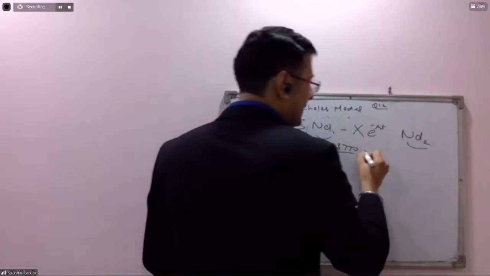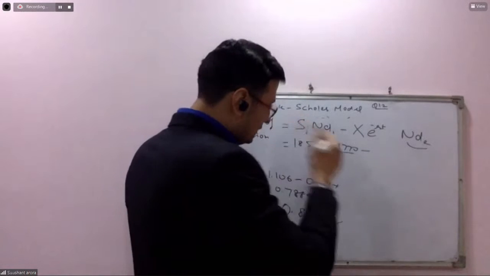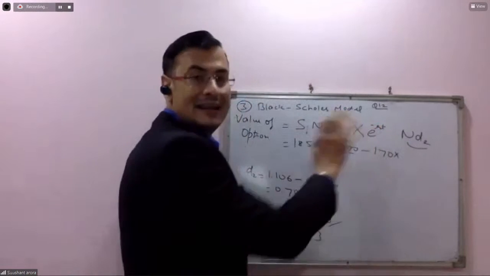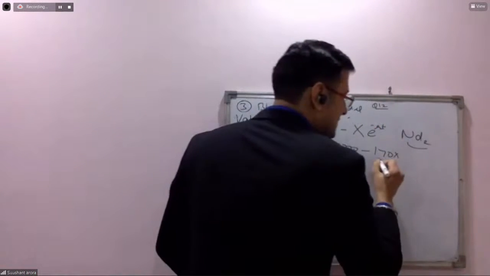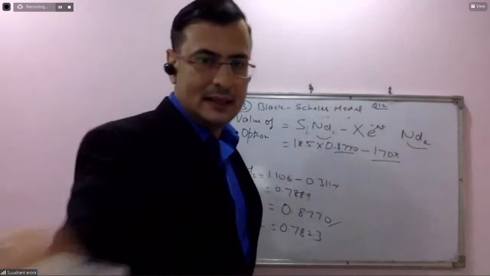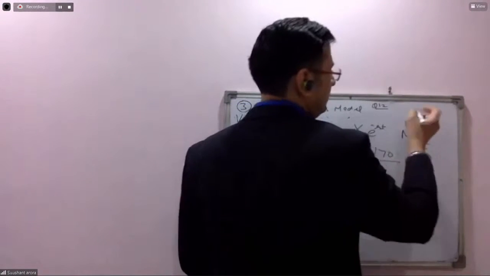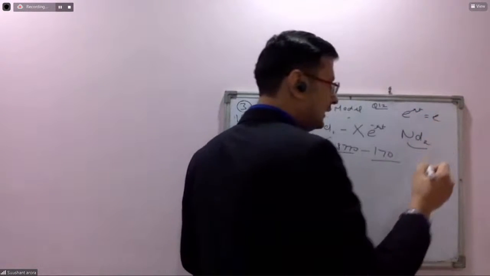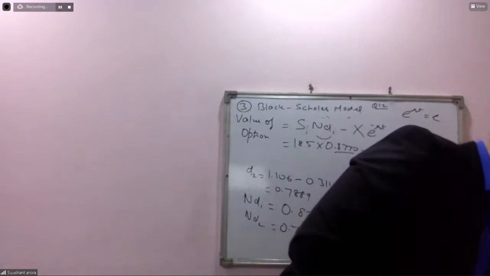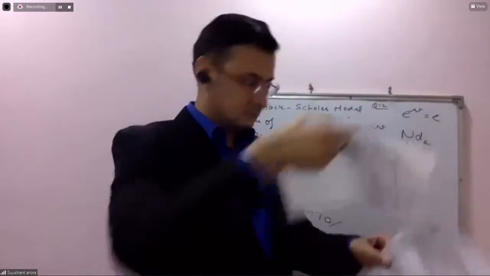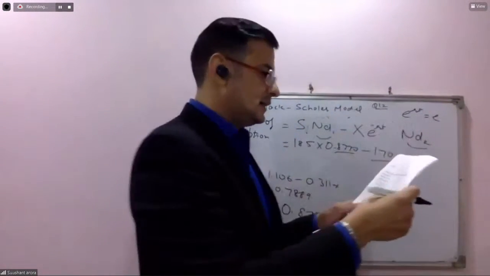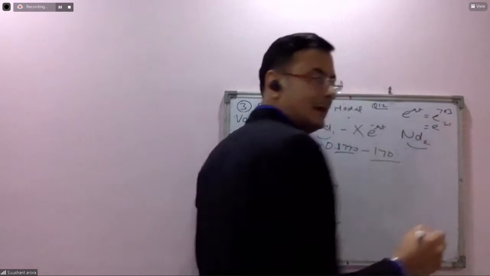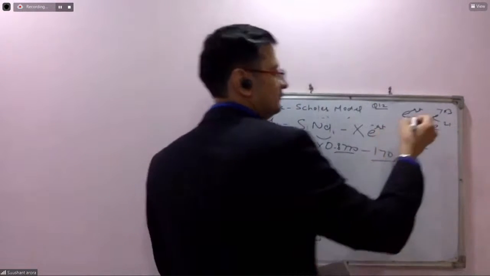Minus X, which will be 170, into e^(-rt); since it is minus rt, I can also write this as divided by e^(rt), where r is 7 percent and t is 3 years. 7 times 3 is 21, so 0.21.